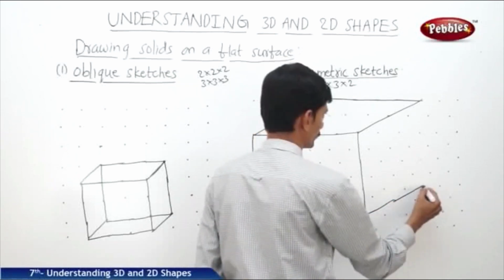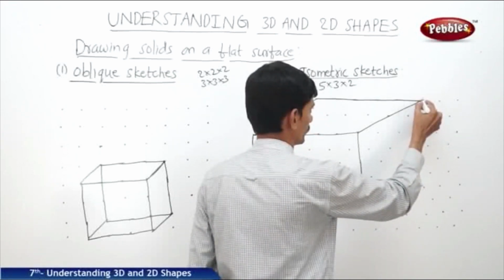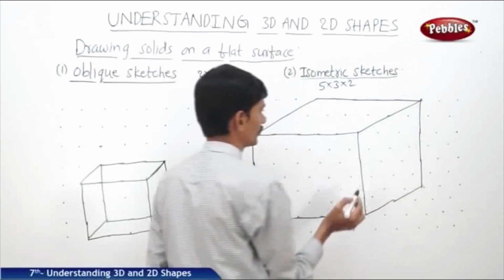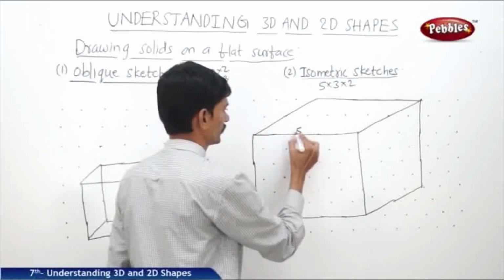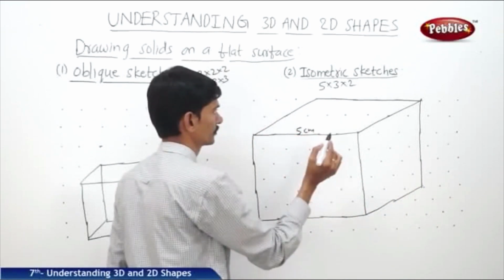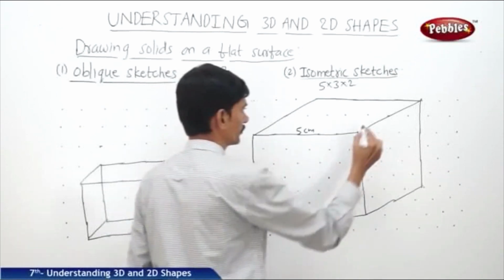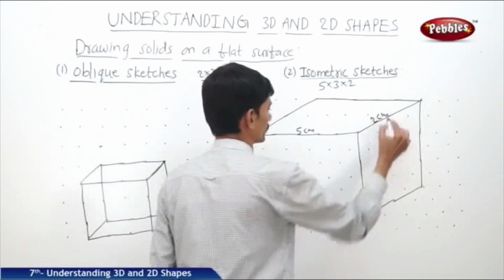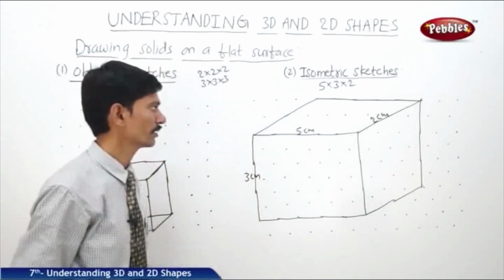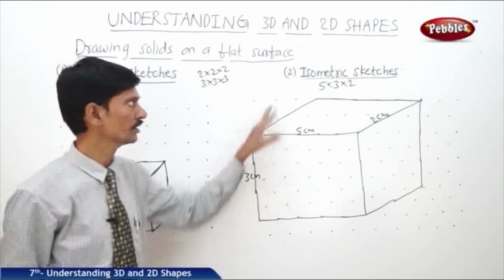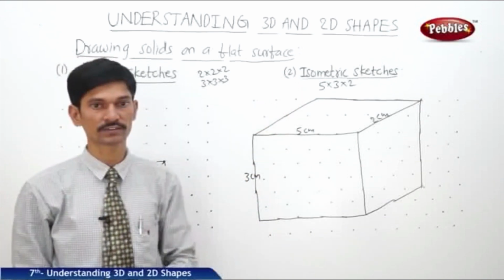Now this is 5 centimeters, this is 3 centimeters and the breadth is 2 centimeters. So this is the cuboid of dimensions 5 by 3 by 2. In this way we can show any solid object using isometric sketches.